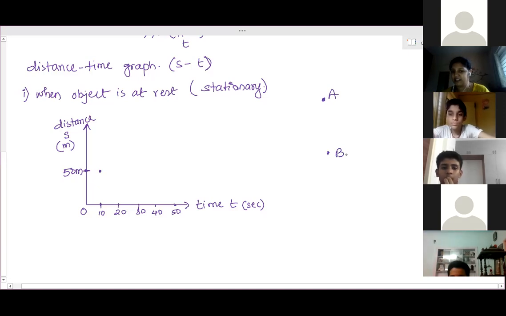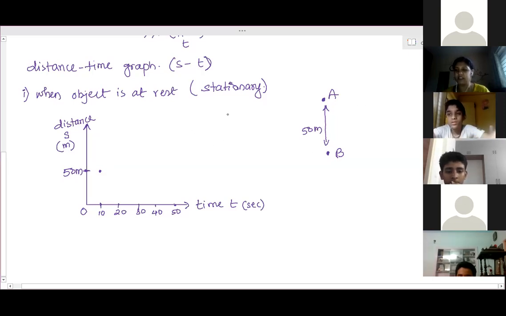In the next 10 seconds, what is your position? I'm stationary. So this is a 50-meter distance. You are calculating the distance covered from the initial position A, and you are at B. At 10 seconds, what is the distance? 50 meters.